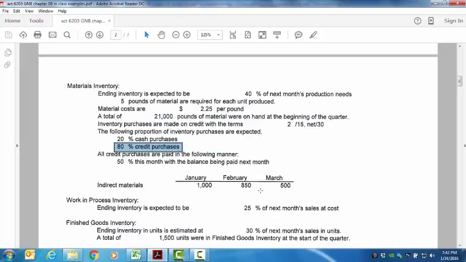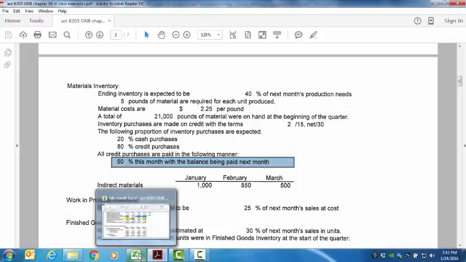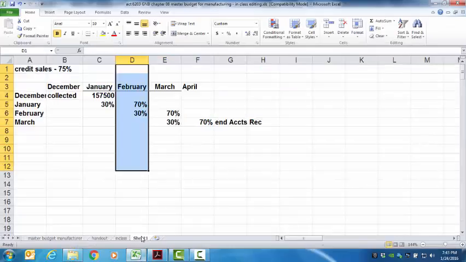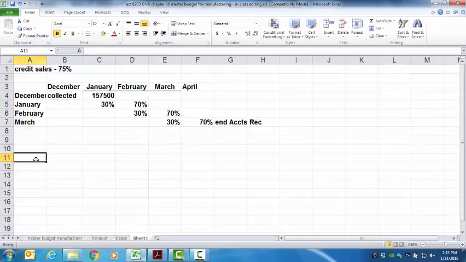The last piece of information I need to know is the fact that half of what I buy on credit is paid this month, and we pay the other half next month. Alright, so I want to do something similar to what I did with the credit sales.